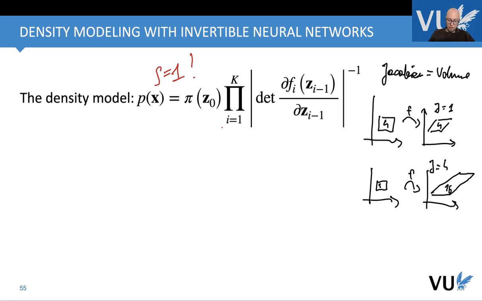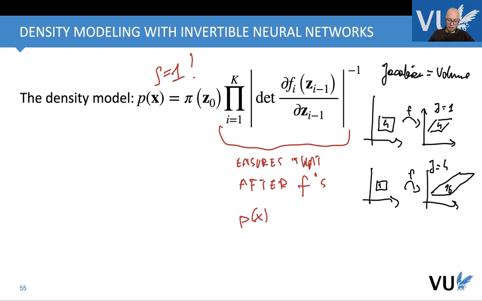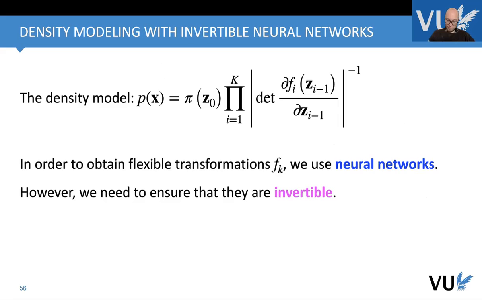So of course, this fellow Jacobian ensures that after transforming the random variable with f, this whole new distribution, this p of x, sums to 1, right? So this is what it does, right?